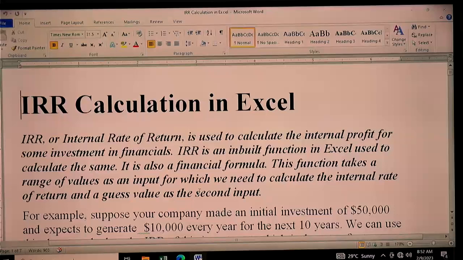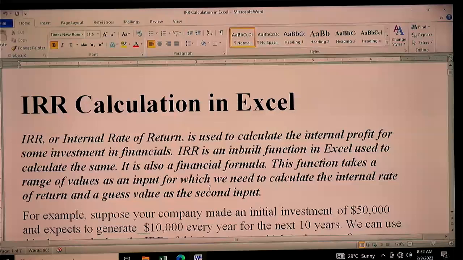It is a financial formula. This function takes a range of values as input, for which you need to calculate the internal rate of return, and a guess value as the second input.